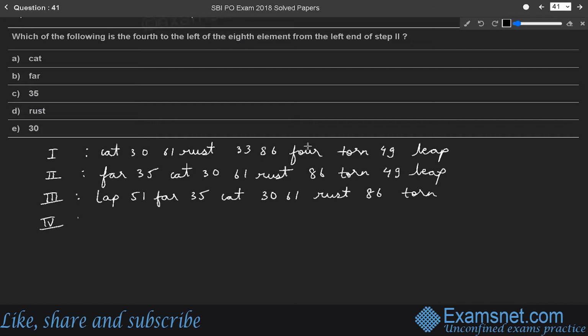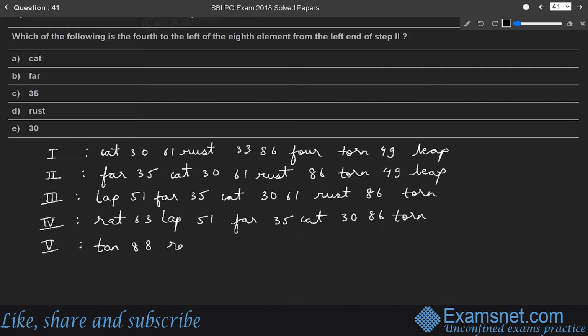Step 4 will be rat, 63, lap, 51, far, 35, cat, 30, 86 and ton. Step 5 will be tan, 88, rat, 63, lap, 51, far, 35 and cat, 30. And step 5 is the last step of this arrangement.